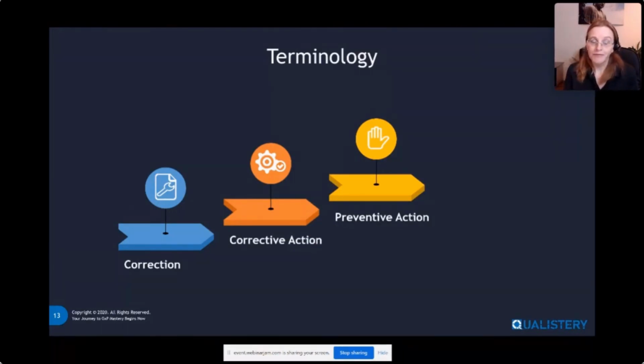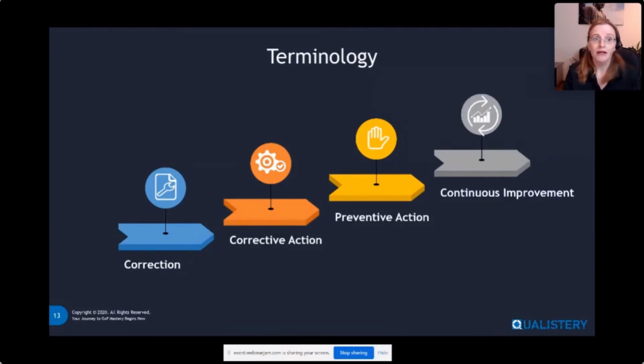However, what you will find if you have read in detail ISO 9001:2015 is that they no longer use the wording preventive action. And I really urge you to go and read this document and think about the implications for future iterations of ICH Q10, because they are now focusing on the wording continuous improvement.